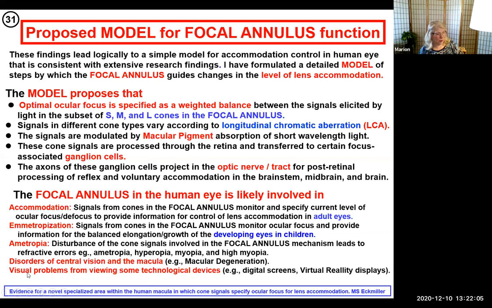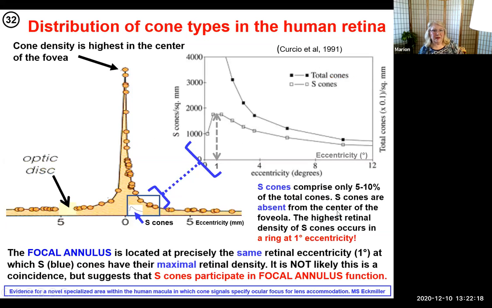And you could also produce visual problems from viewing some technological devices, such as digital screens and virtual reality displays. So if we want to continue, we can talk about S cones.